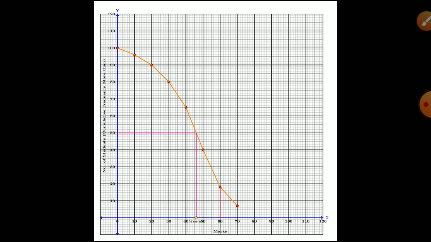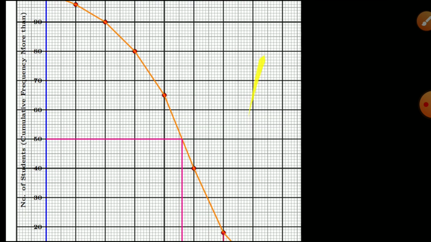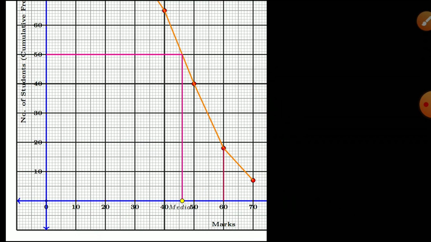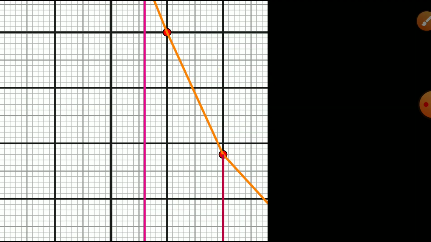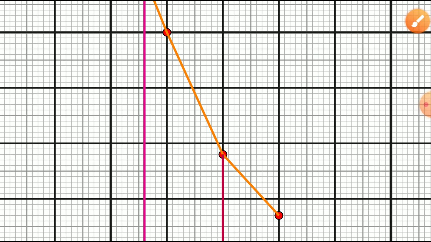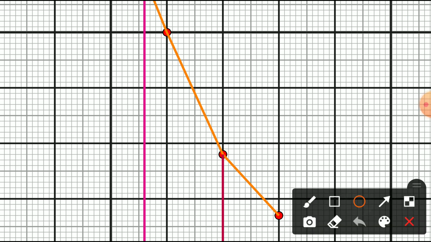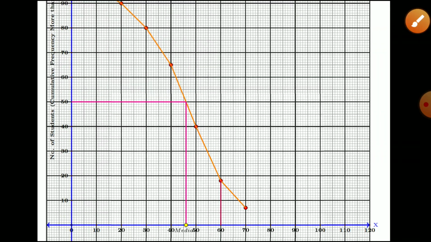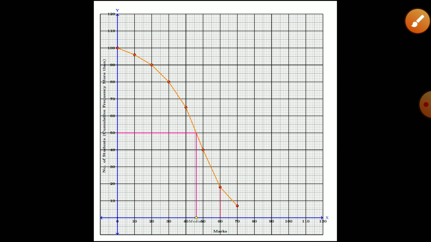See here, I drew a vertical line from 60, and it crosses our Ogive curve at this point. From this point again draw one horizontal line.